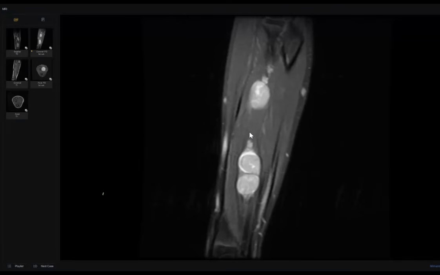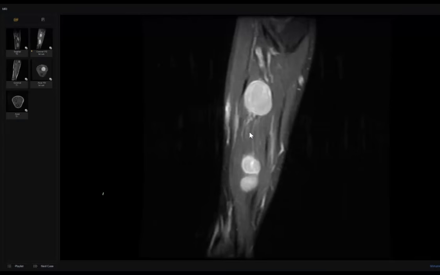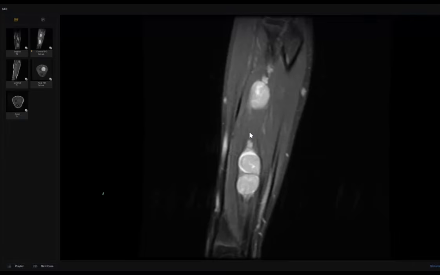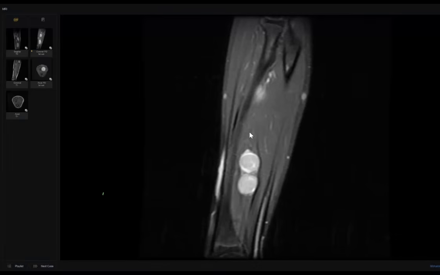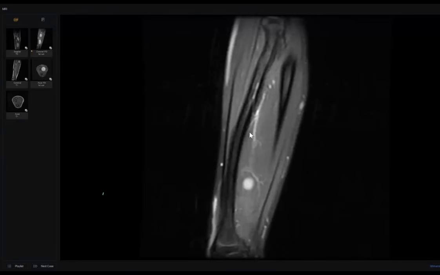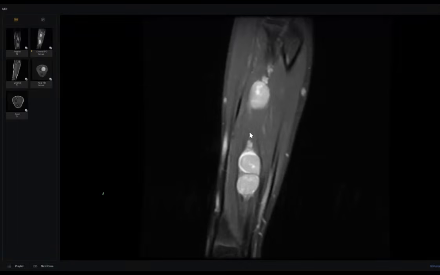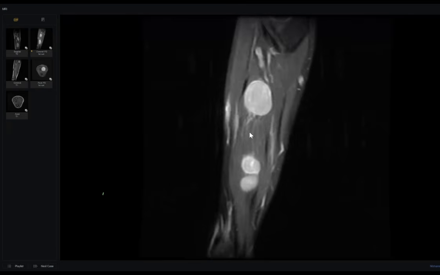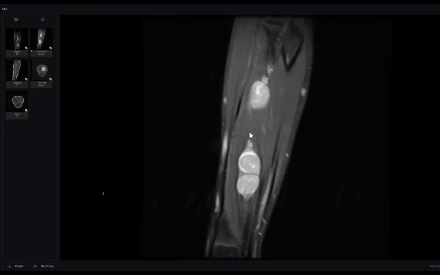Hemangioma is another possibility, but there is no evidence of any vessels in it on these images. So most likely these are benign neurogenic tumors in the form of a chain, most likely multiple neurofibromas.